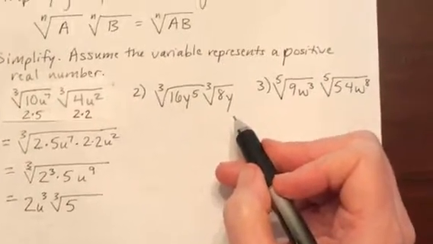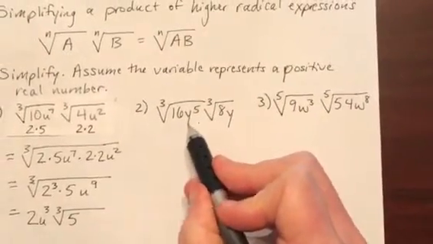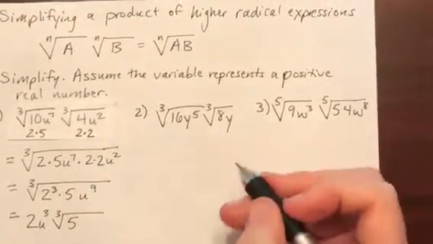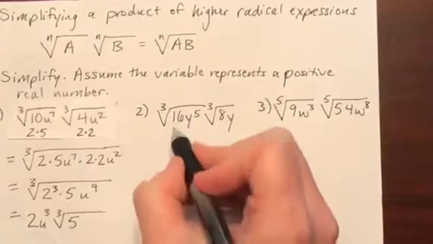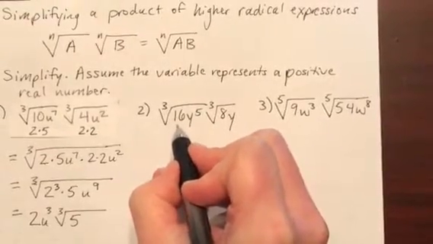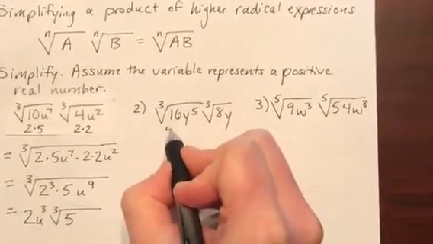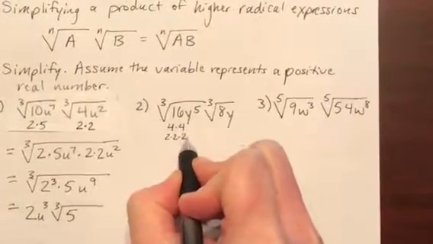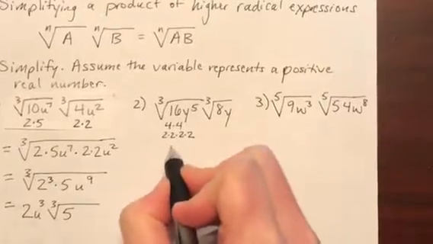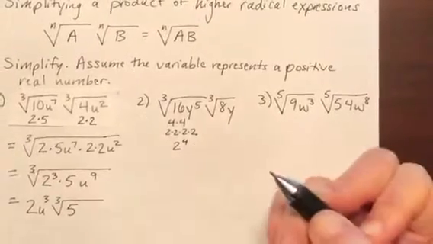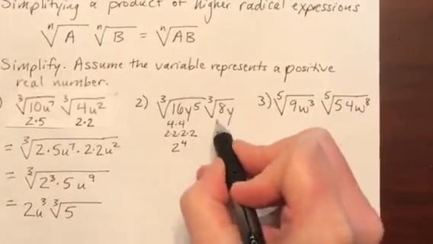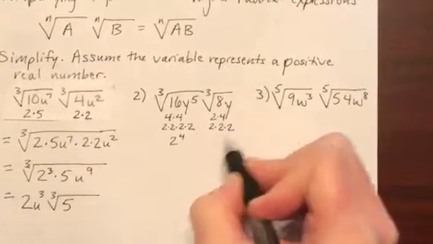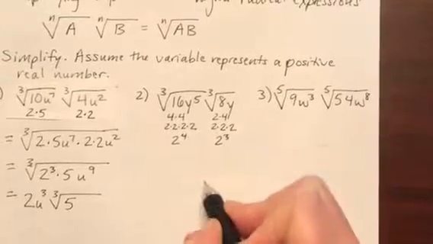In our second example, we have cube root of 16y to the 3rd times cube root of 8y. Again, let's break down the whole numbers into primes. 16 is the same as 4 times 4, or 2 times 2 times 2 times 2, or 2 to the 4th power. 8 is the same as 2 times 4, or 2 times 2 times 2, or 2 to the 3rd power.